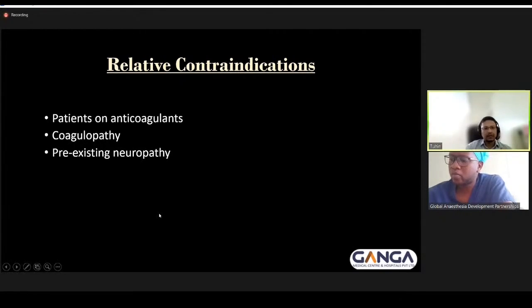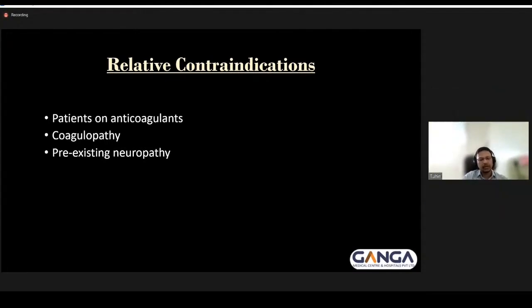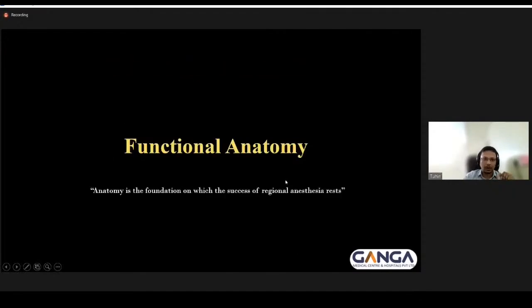All the rest are relative contraindications like systemic sepsis, patients on anticoagulants, patients with coagulopathy, or presence of pre-existing neuropathy. In such cases, check the risk-benefit ratio, discuss with the patient and relatives, and document everything before proceeding with the sciatic nerve block.